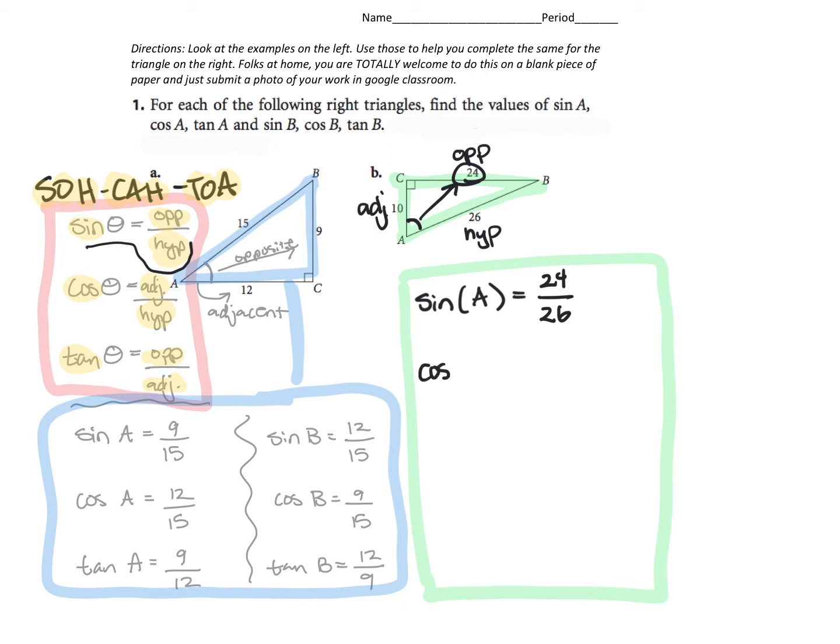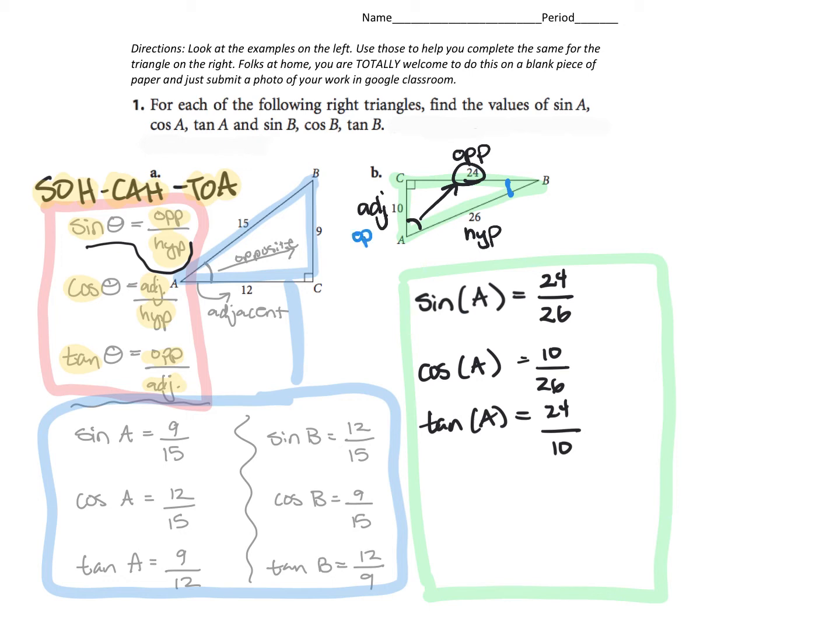The cosine of A would be the adjacent, or 10/26. And then the tangent of A would be the opposite, which is 24, over the adjacent, which is 10. If we're now going to start looking at angle B, notice things are going to switch.